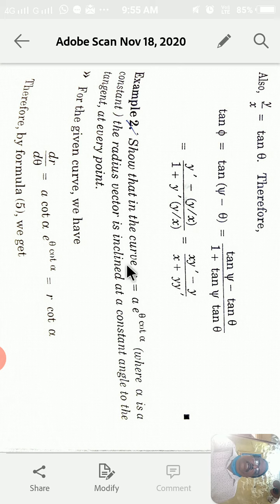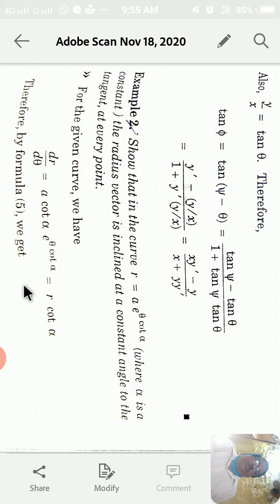Differentiating, a is constant, so take it outside, then differentiate with respect to theta. The derivative of e raised to ax is a into e raised to ax. Here also, it is e raised to theta cot alpha, and cot alpha is constant, so we get cot alpha into e raised to theta cot alpha.